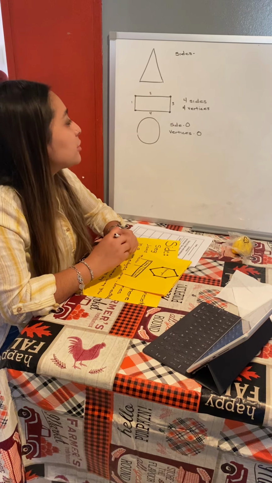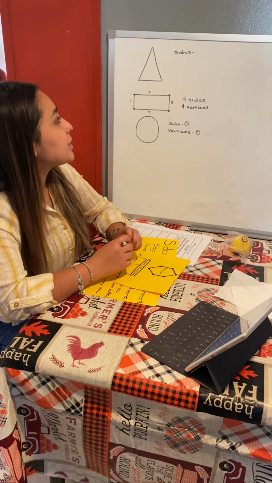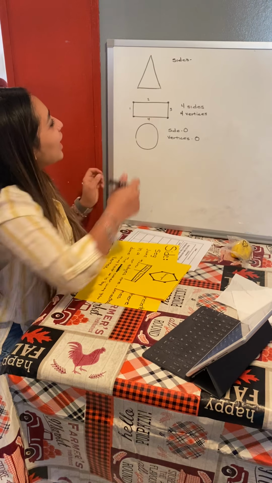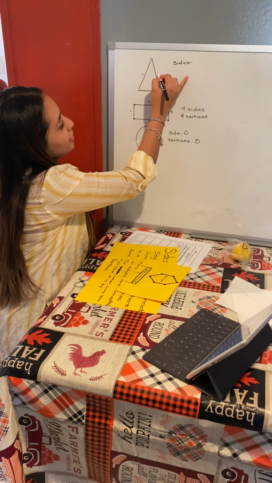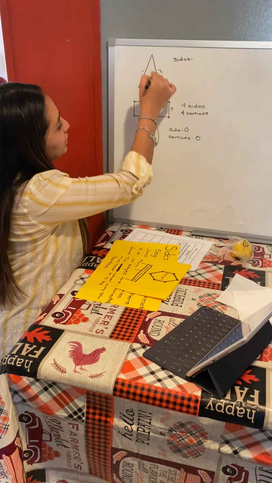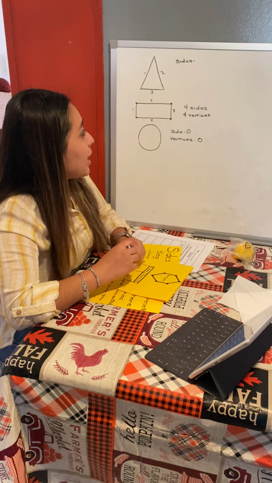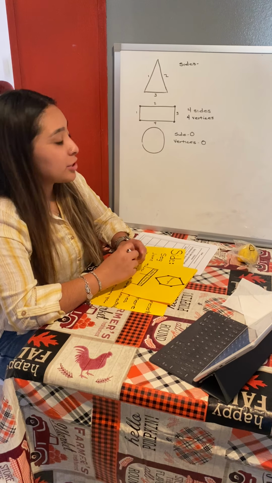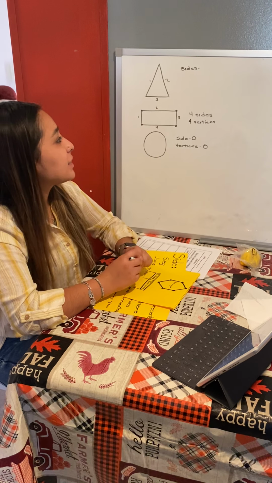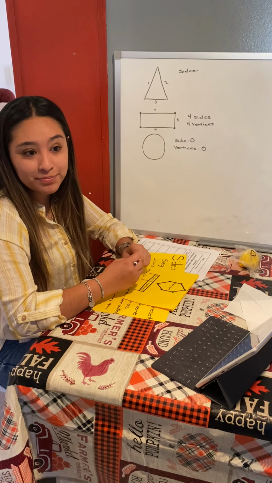Can someone count me the sides that a triangle has? It has 1, 2, 3. Those are our sides. Can someone raise their hand and tell me how many vertices a triangle has?